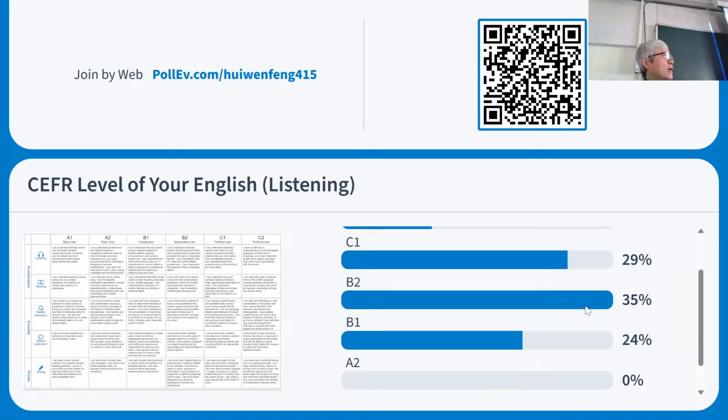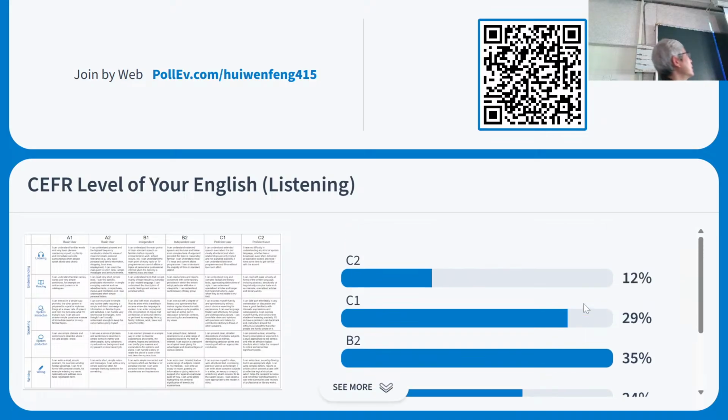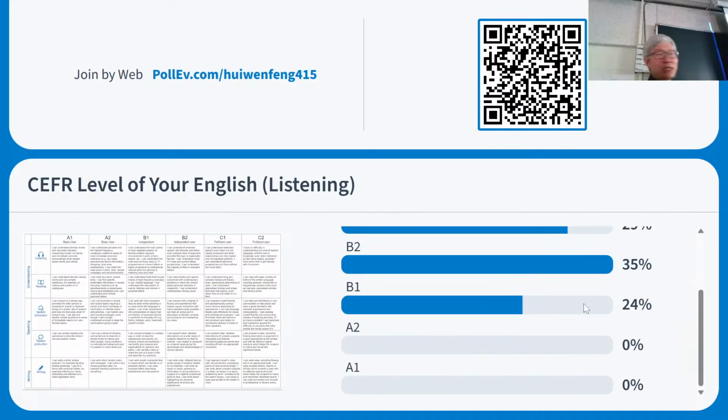Finish for all of you, right? So approximately two students here are C2, and 4, and maybe 6. So that's great. At least B2 and B1. Let me guess.